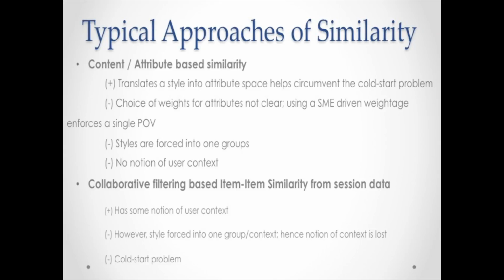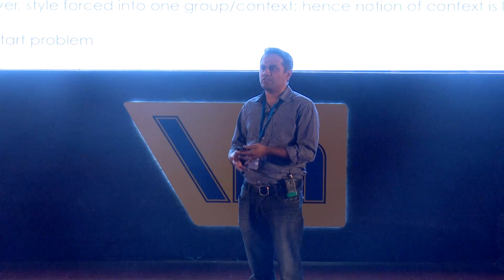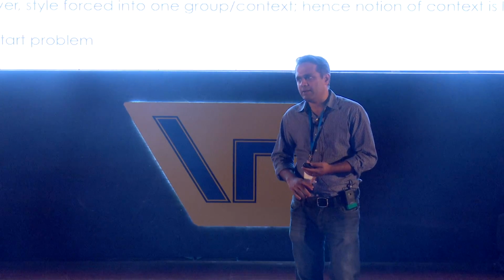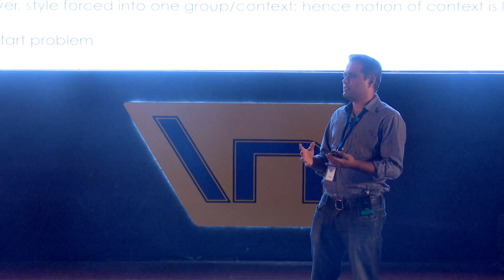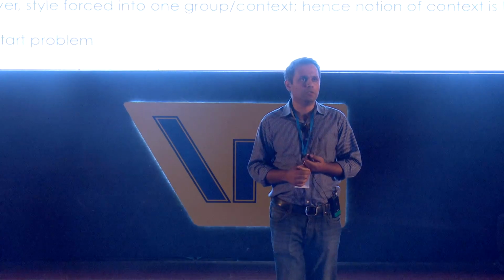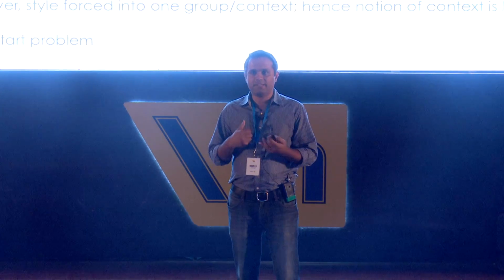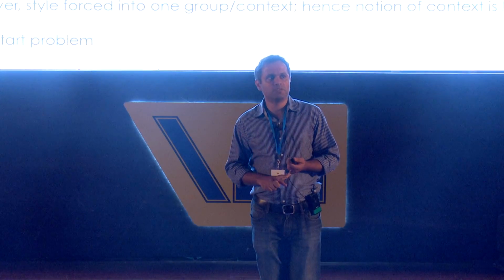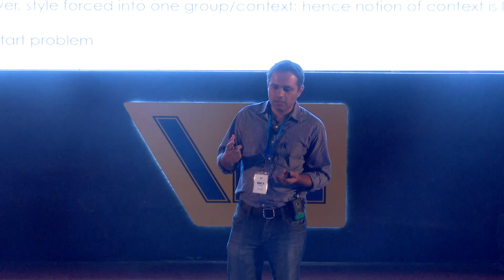As I mentioned, product similarity is the fundamental problem we are trying to solve in the context of online fashion e-commerce. What have been the typical approaches to product similarity, and what are the pluses and minuses? The two main approaches people use: one is attribute-based similarity. What is the plus point for fashion products?